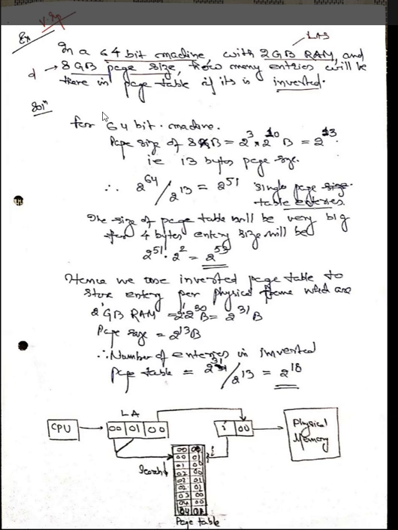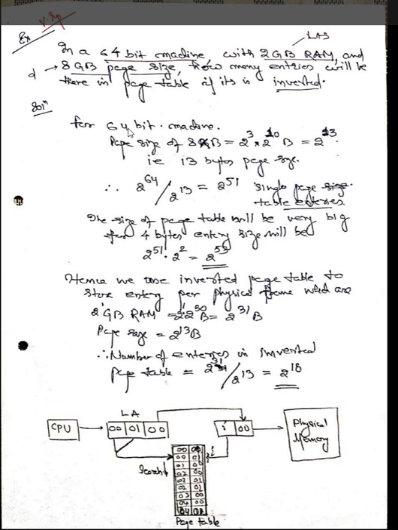By mistake I have written it as a G, so let us take it as K. Convert this to K: 2 to the power of 10, so 2 to the power of 13. You can do it with GB also, no problem. So I have taken 2 to the power of 13 bytes as the page size.